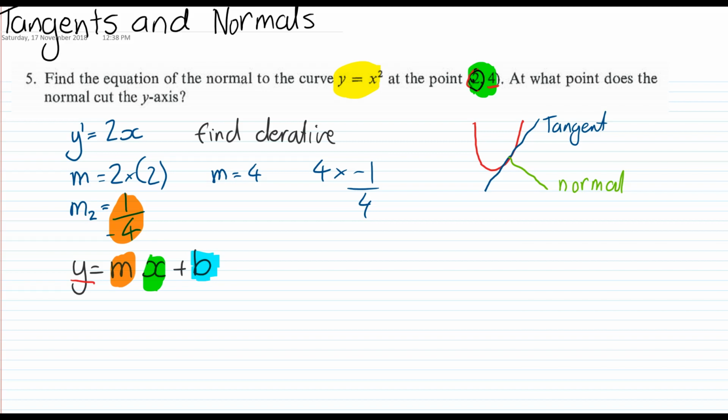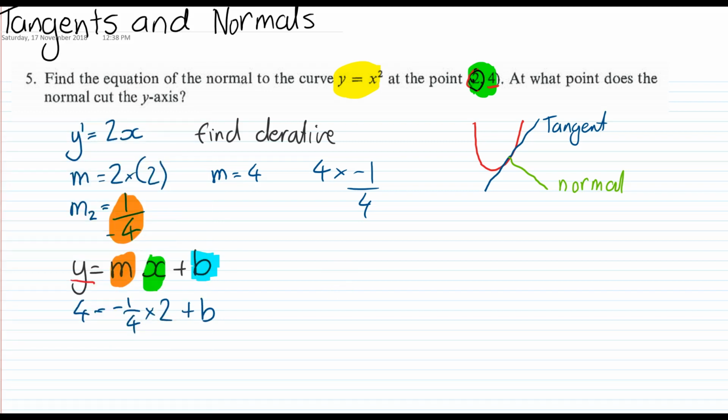So we go: 4 from the y value of the point equals -1/4, from the gradient that we found from the derivative, times 2, our x value, plus b, what we're trying to find out. And this is just algebra from here on out.